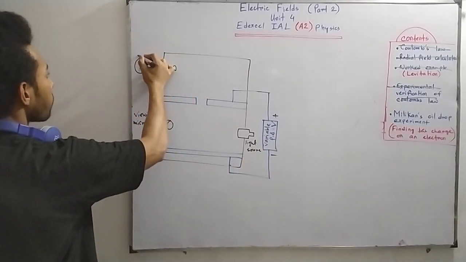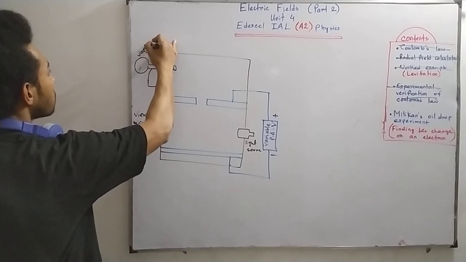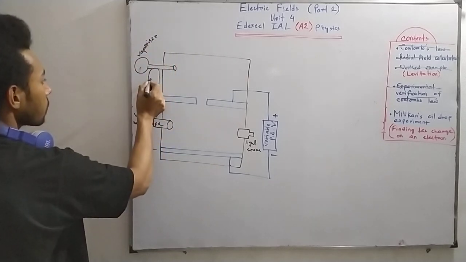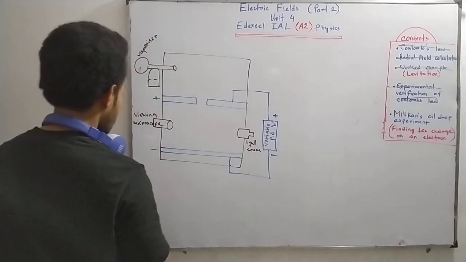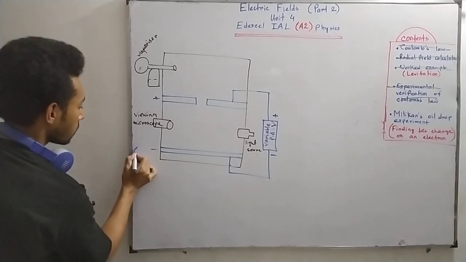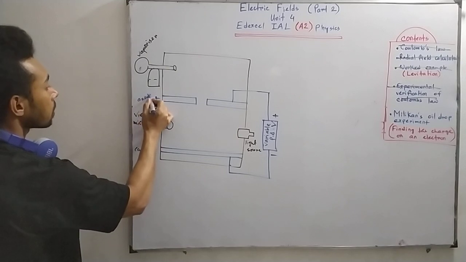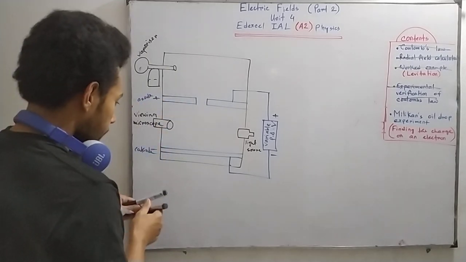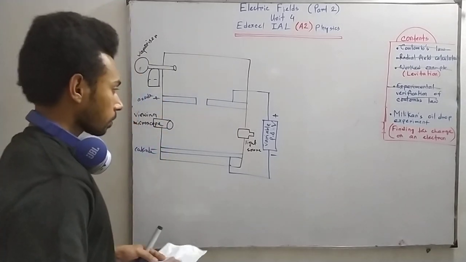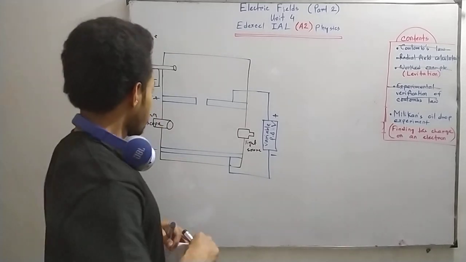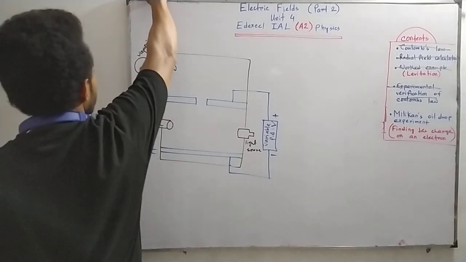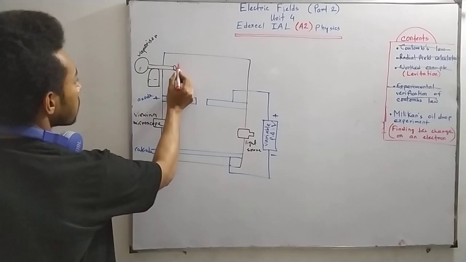This is the vaporizer, oil there, and this is the cathode and this one is the anode.